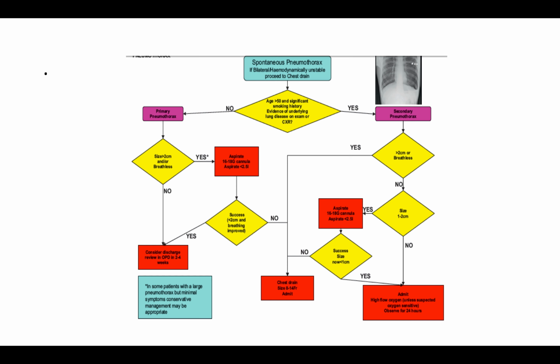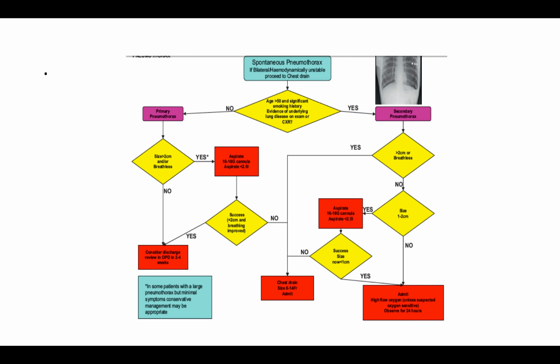Also, those patients in whom the size of the pneumothorax is less than 1 centimeter and they are not breathless, should be admitted for observation for 24 hours and given oxygen. Once again, if the patient has a history of COPD, then oxygen should be given cautiously. So this was the management of a secondary pneumothorax.